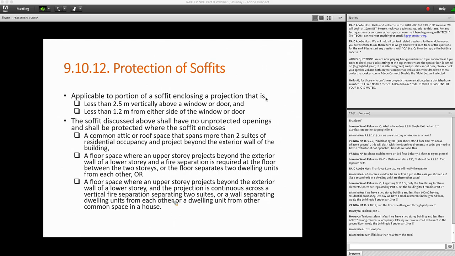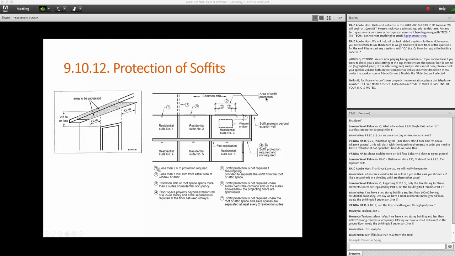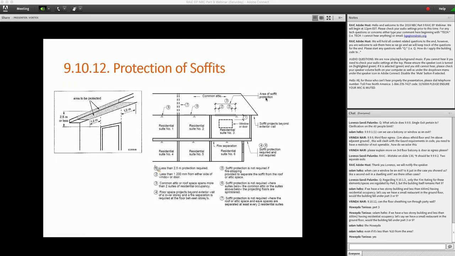So again, this is in Article 9.10.12.4 of the code, and just to have a better view of what the code is trying to achieve. As I said earlier on, it is applicable to the portion of the soffit that is beyond 1.2 meters of the window opening, and that is 2.5 meters or less above the window opening.